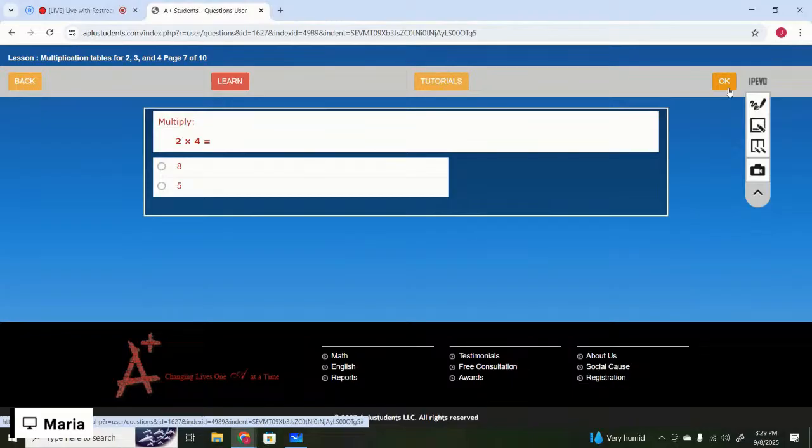2 times 4 is 8. Option number 1 is the correct option. That is 8. 2 times 2 makes 4.